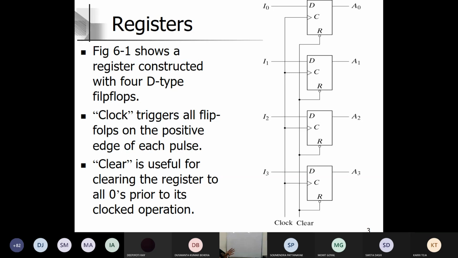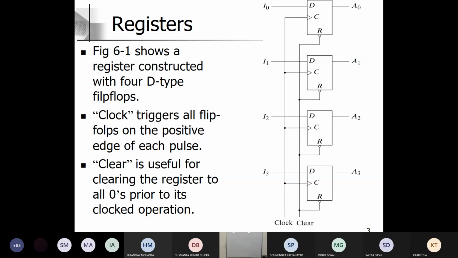Is there anything more there? Or any more information you are getting from that? Clear. Clear is an attribute of any flip-flop. Clear means the flip-flop has to be cleared. Every flip-flop is made with a clear. Clear is to refresh it, isn't it?